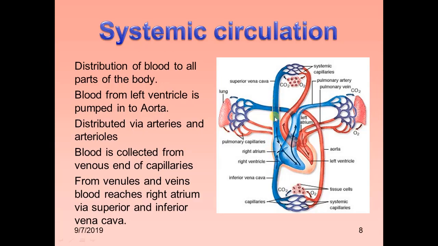The superior vena cava collects blood from the upper half of your body, especially the neck and head region. Below the diaphragm, from the lower limbs and the abdomen, it is collected by the inferior vena cava. So systemic circulation is mainly concerned with the distribution of blood to all parts of the body, and then the collection of blood back to the heart.